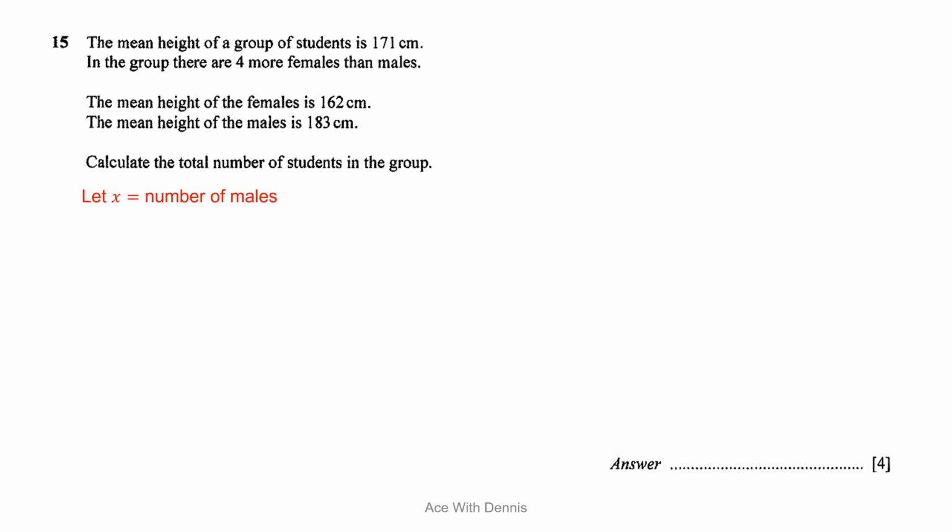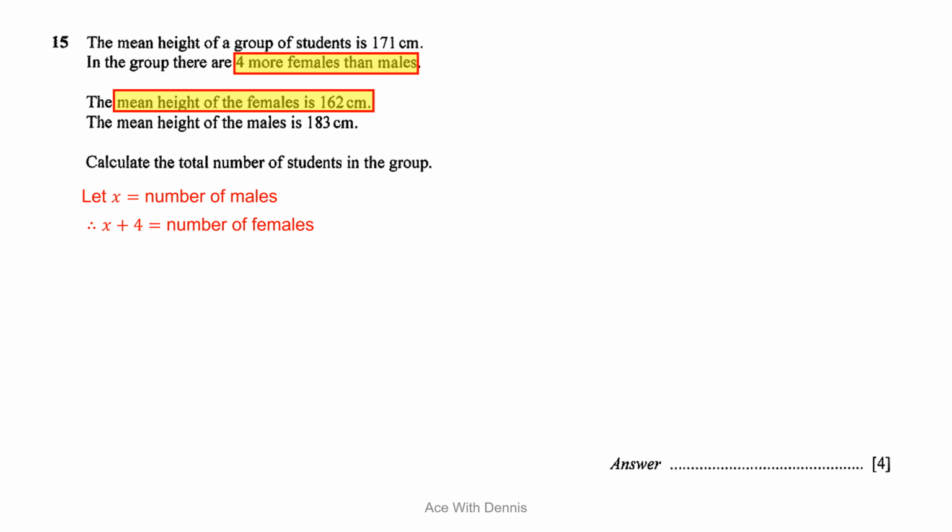Here is the solution. We let x be the number of males. Hence, x plus 4 is the number of females, as it is given, 4 more females than males. Now, the mean height of the females is 162 centimeters.